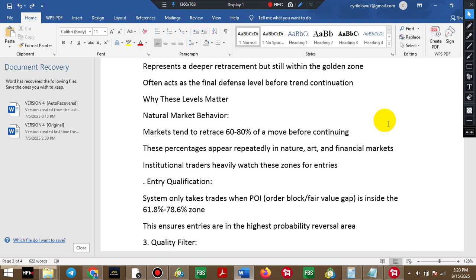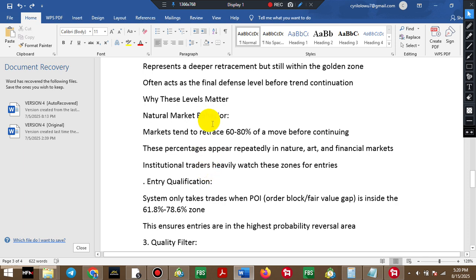So you can see the benefit of this software, that it is not just to generate signals for you. There are other things you can learn or understand very well, and you can use it against the market, whether you're a forex trader, crypto trader, or a synthetic trader. You don't have issues with that. So that is how the market behaves when it is at this zone. Is that clear?